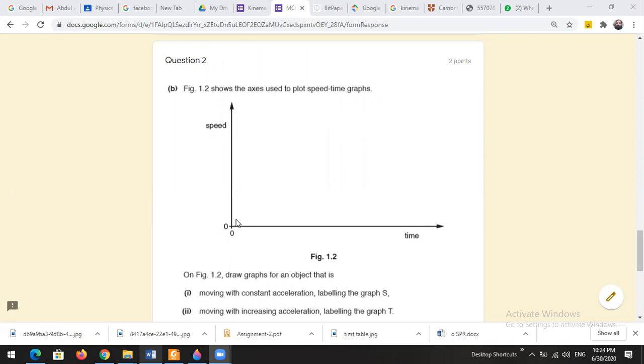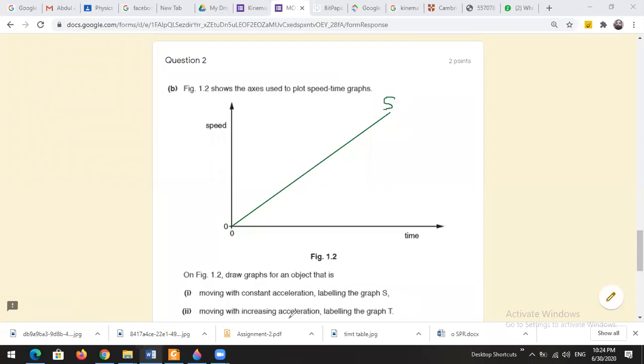So you should draw a straight line again. So this will be a graph of a body that is moving with constant acceleration. So you have to label as well. Label with S.